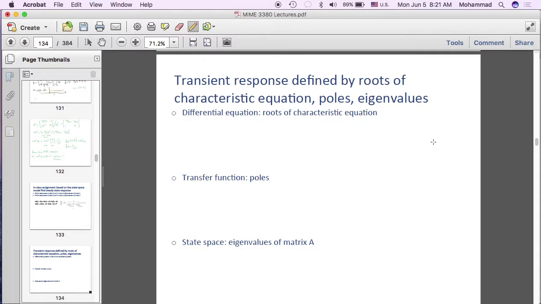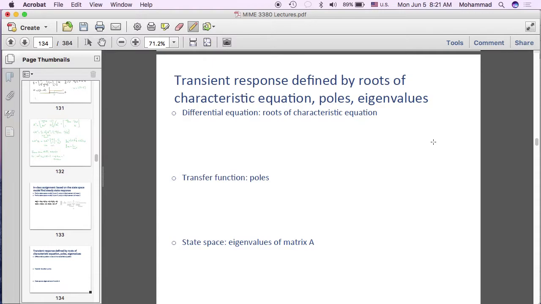we talked about the fact that the transient portion of the response of dynamic systems, the nature of the transient response, is defined by the location of poles. I showed you a picture where, by knowing the location of poles, you can tell how the transient response looks. And we talked about it in the context of a familiar system, a second order system.